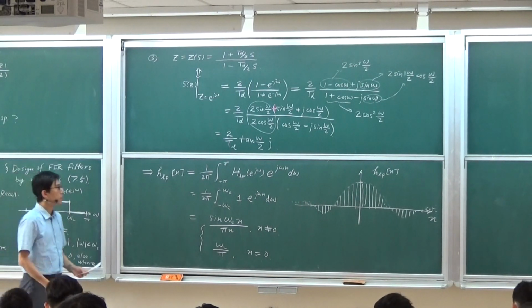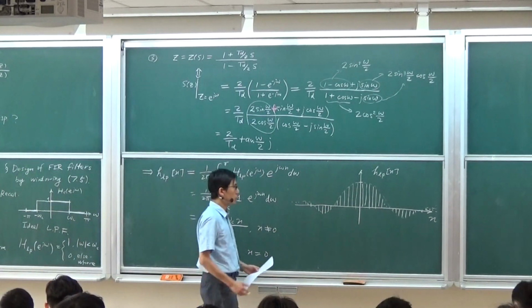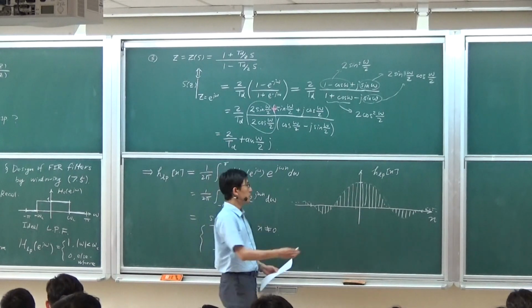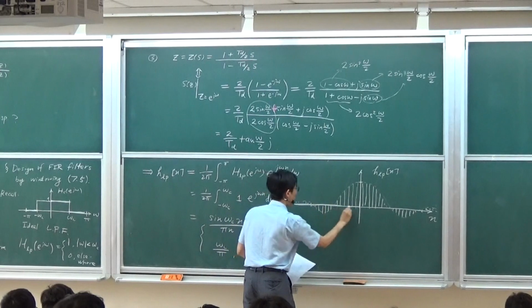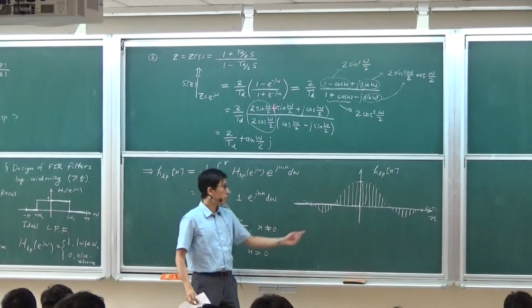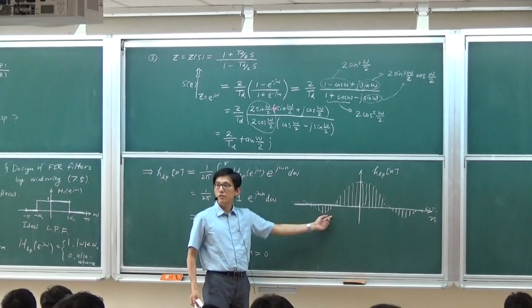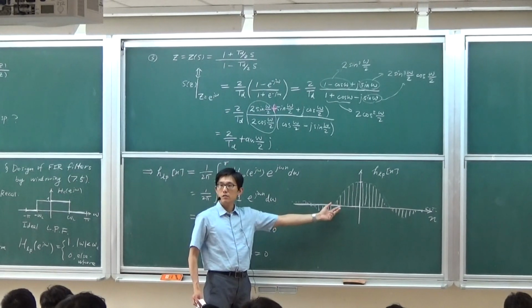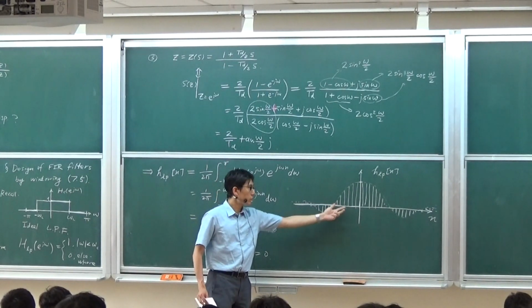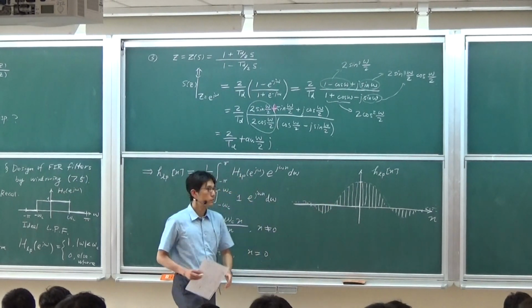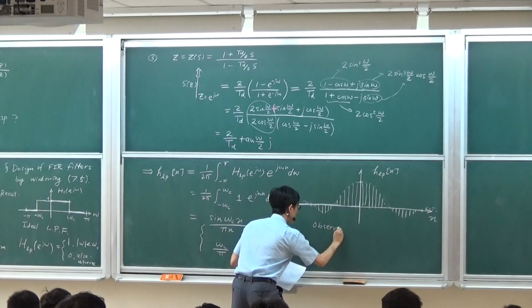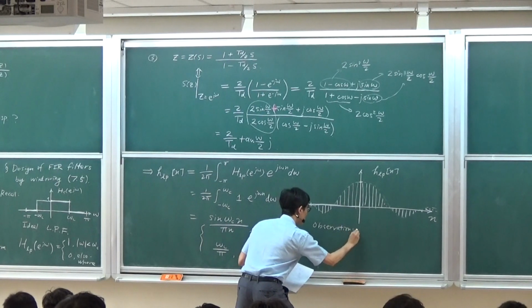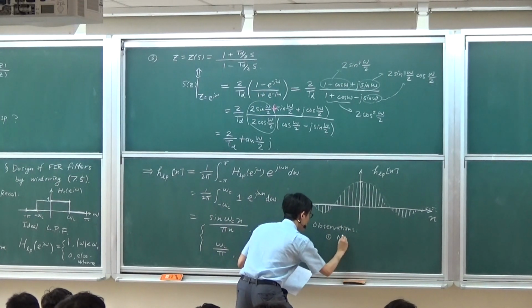And in particular, it's also not going to be causal, right? The negative time part all have values, okay? So everything for n less than 0 is not causal. So, two observations. First issue is that it's not causal.